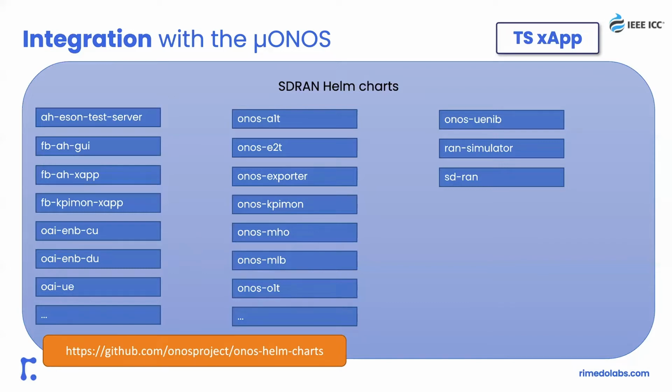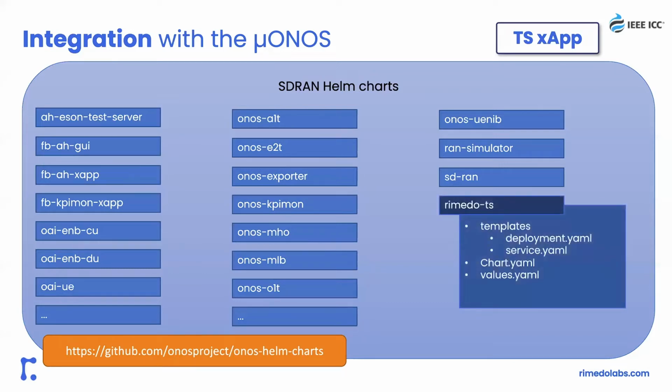There are a lot of useful components which we can deploy on our machines. What is also important, inside this Helm chart repository, we have also a recipe for deployment of our Rimedo traffic steering xApp. This application is also publicly available.